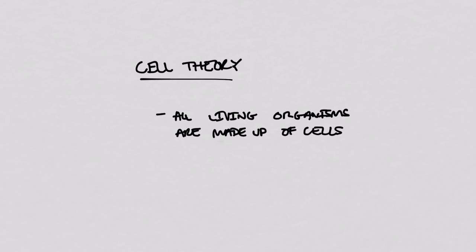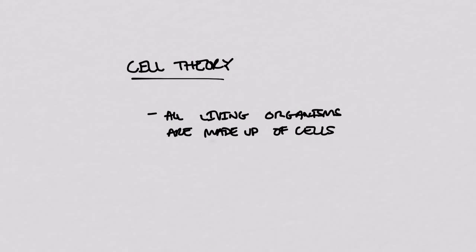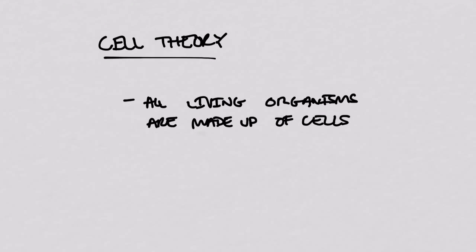This is something you already know and understand when we talked about the different requirements for life. This is one of the things that all living things share, this common trait. They're all made up of cells. And the second piece of the cell theory is that all cells come from other cells.